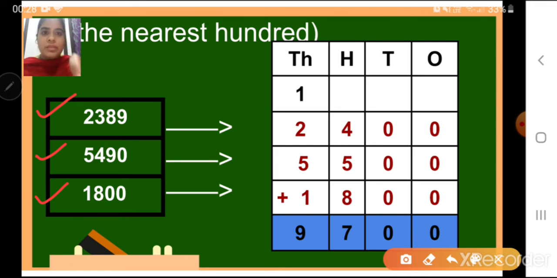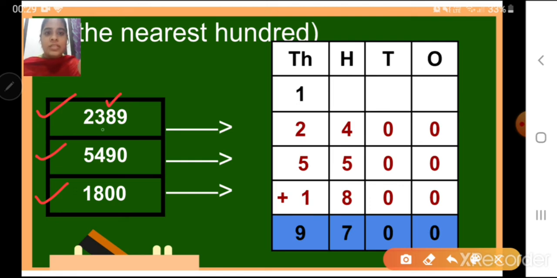Now here in the first number we have to look at tens place. At tens place, see here at tens place we have written 0, ones place also we have written 0. Hundreds place will change? Yes, it will change. We have to add 1. Why? Because at tens place the number is more than 5.